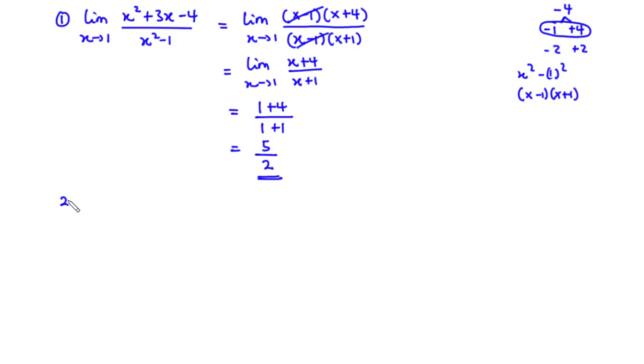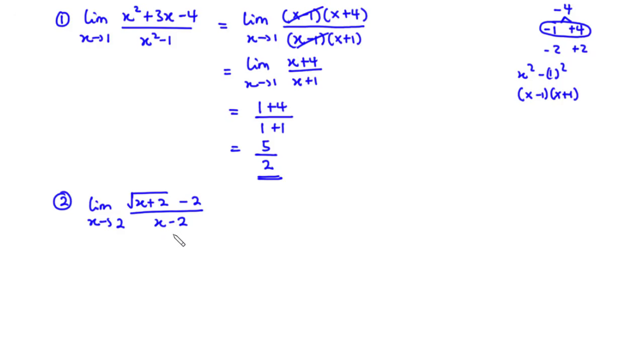Now let's solve question 2. That is the limit of the square root of x plus 2 minus 2 divided by x minus 2 as x approaches 2. Now substituting or plugging in 2 directly into this limit means that we are going to get 0 over 0, which is indeterminate.